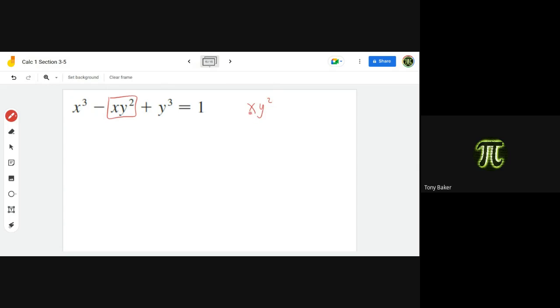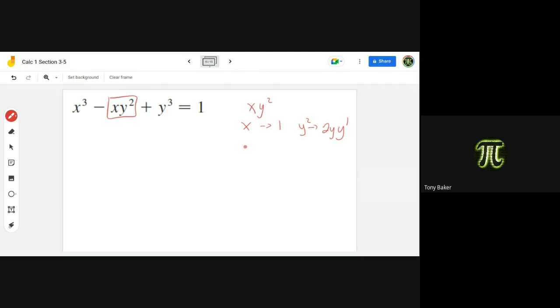So what's the derivative of x? What's the derivative of y squared? 2y y prime. That's what you should have for the derivative of y squared. It's 2y times the derivative of y.